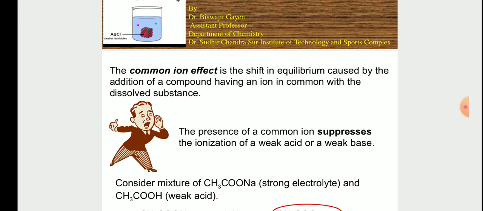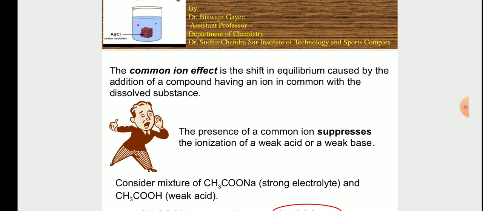I am not going into details about this, but I want to start from the common ion effect, that is, the ionization problem. If I think particularly about acids, two types of acid are possible: one is the strong acid, another is the weak acid.